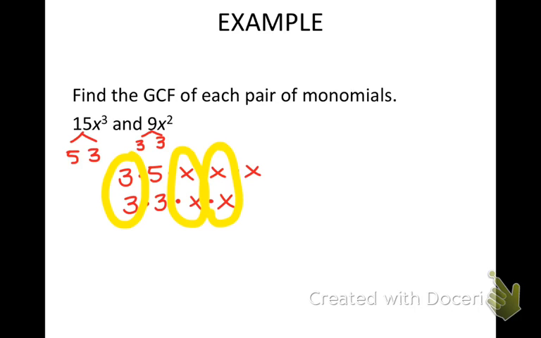So I'm going to create a product of those matches. My GCMF, or GCF, is 3x squared. So the GCF of 15x to the third, 9x squared is equal to 3x squared.